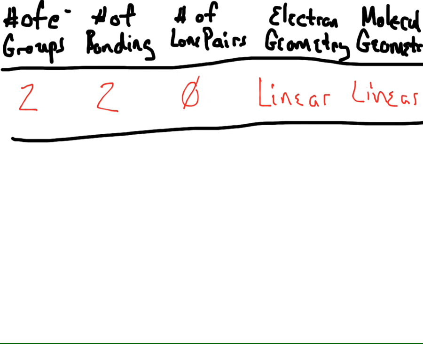Let's look at the second case here. Well, the second case is if I have 3 electron groups. Well, there's 2 possibilities. Either they're all bonds, 3 bonds and no lone pairs, or 2 of them are bonds and 1 is a lone pair. There's 2 possible cases.